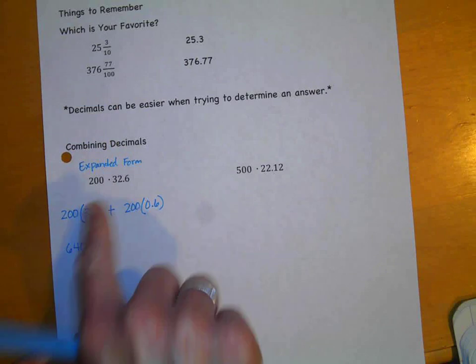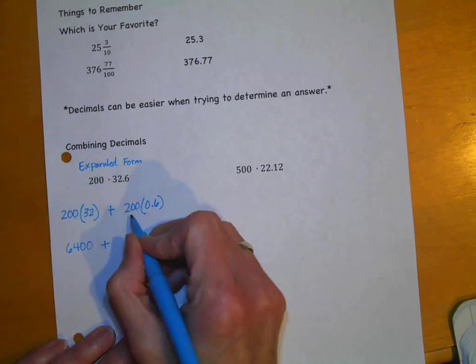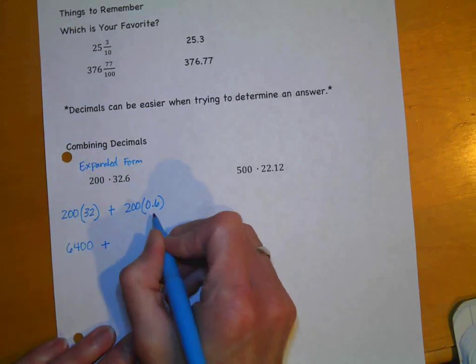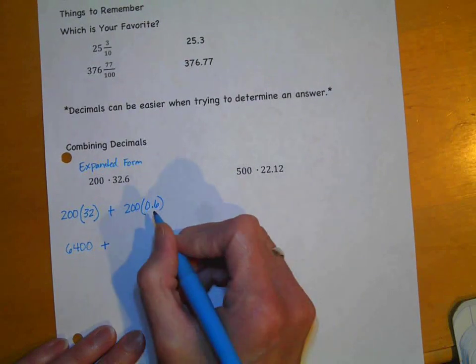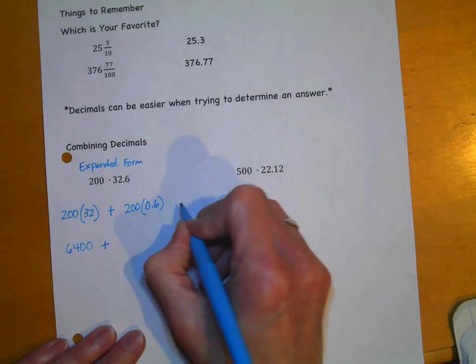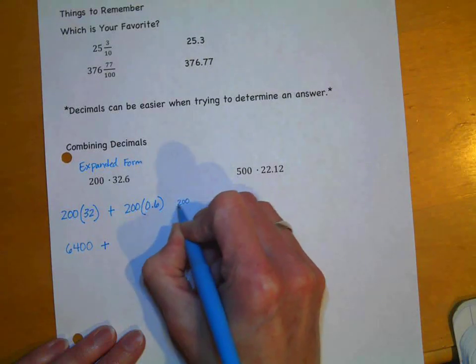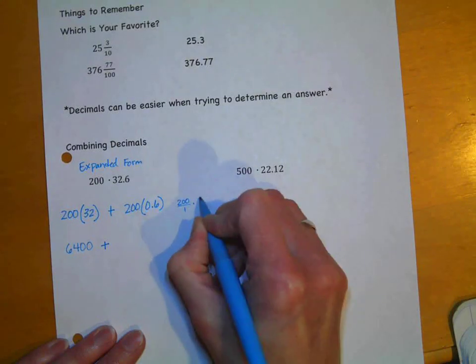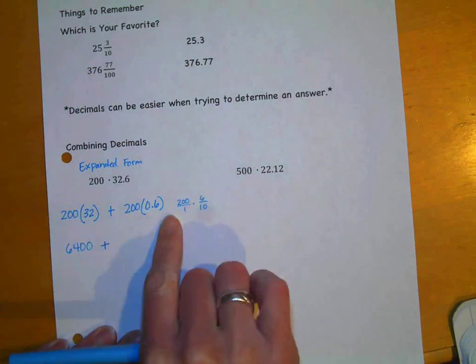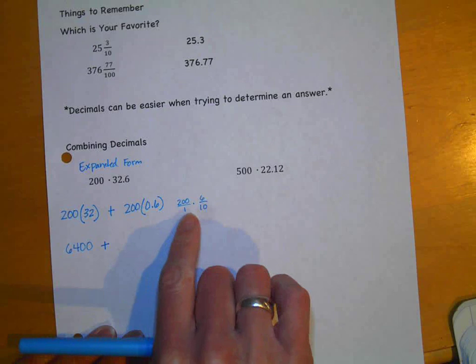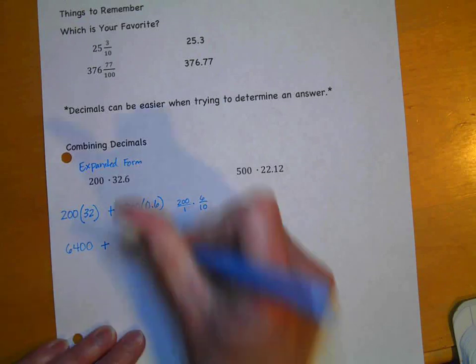Then I have to bring down my plus because it's expanded form, and now I have to take 200 times 6/10. Well, I know another way to do this that helps Mrs. Nelson. I don't know if it'll help you, but I'll show it to you and you'll see which one you like better. What this really says is I'm taking 200 times 6/10.